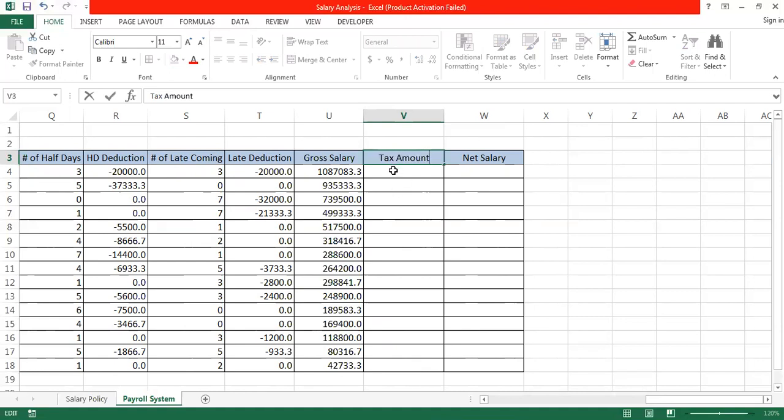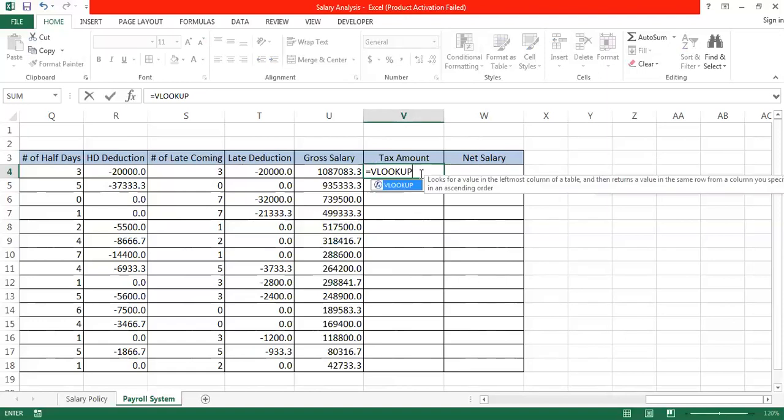Equals, first we look up, then what I want to fetch. I want to fetch the tax rate, and tax rates are available.